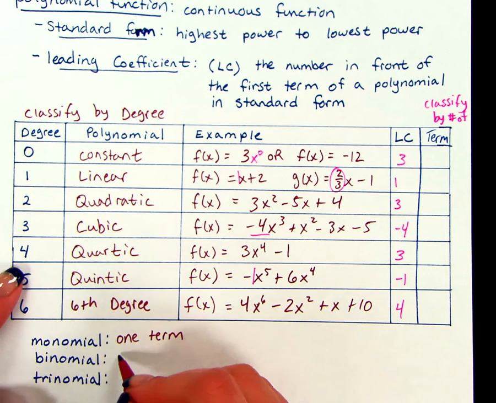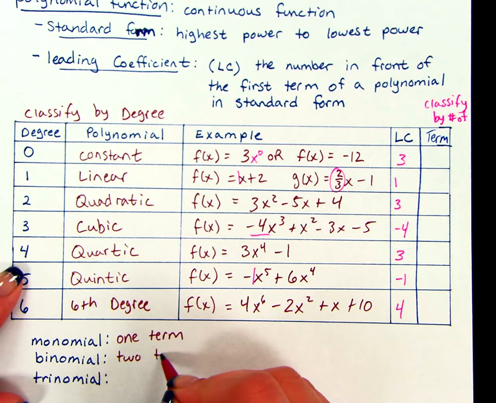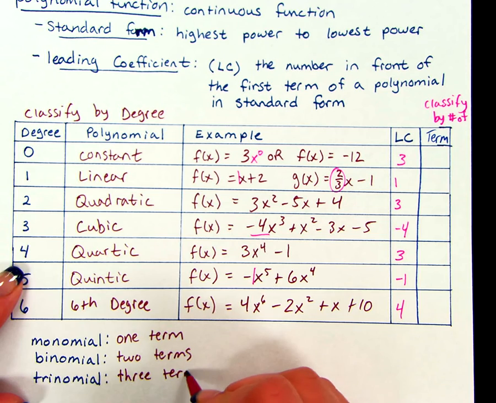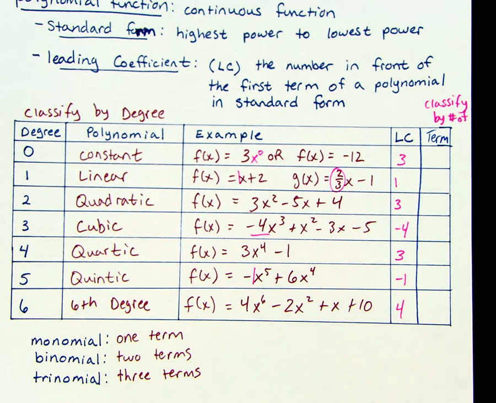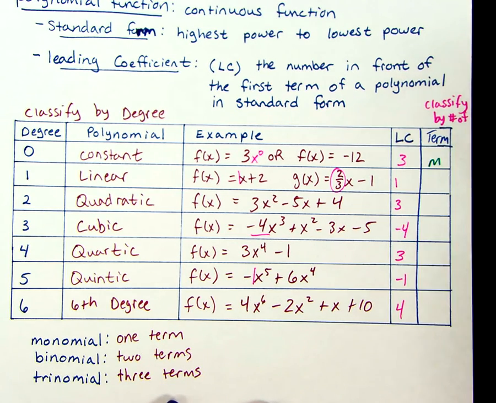If we have a binomial, that's 2 terms. A trinomial is 3 terms. Anything more than that, we would just say it's a polynomial of 4 terms or 5 terms or however many terms there happen to be. If we go back and look, a constant is always going to be a monomial. So I'm going to put M for monomial.